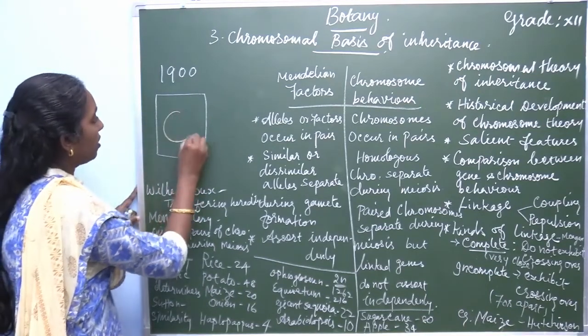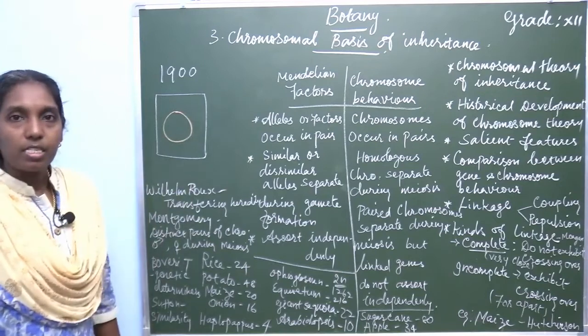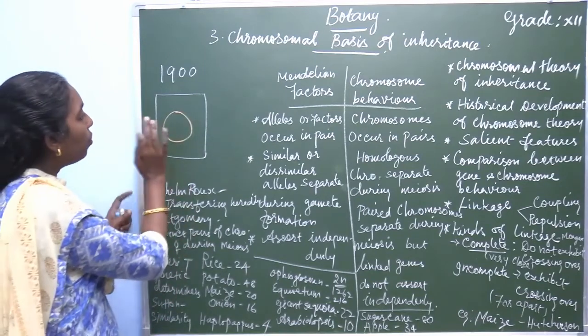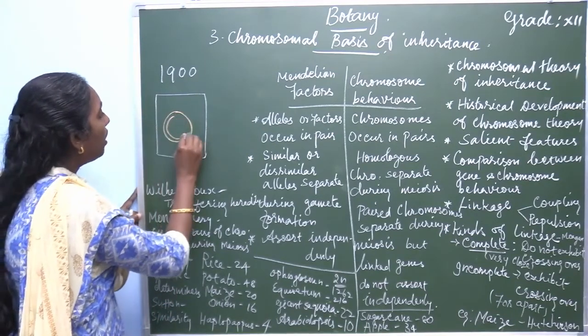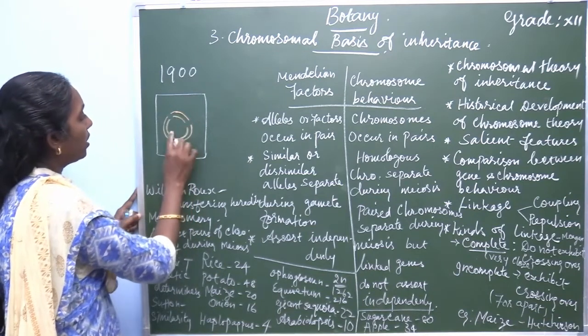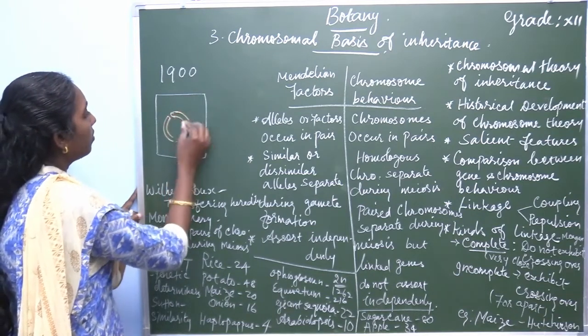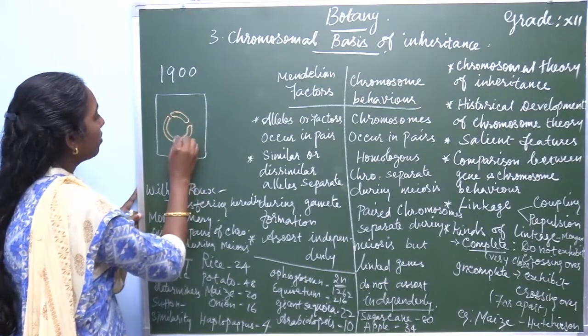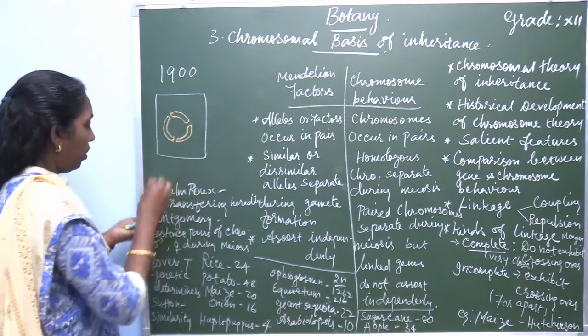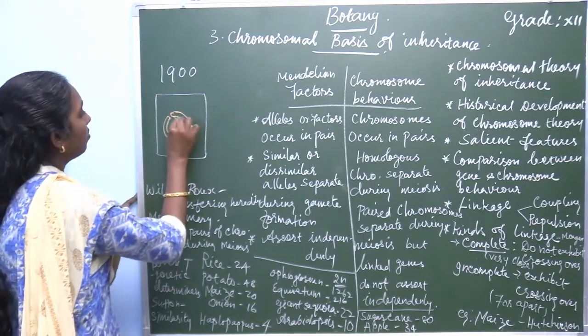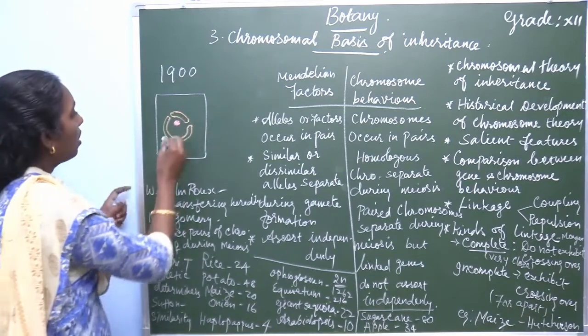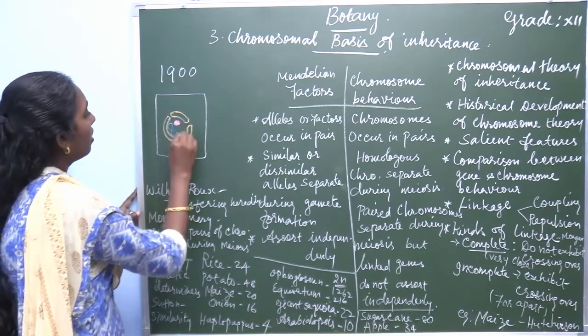well-defined nucleus. One of the characteristic features of eukaryotic cell is a well-defined nucleus, which contains nuclear membrane, nucleolus and chromatin reticulum.